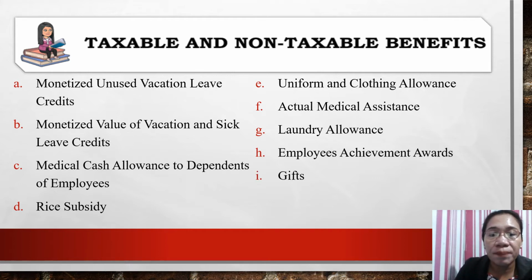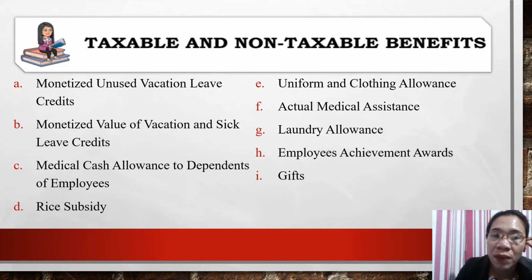So, ganun yun. Next is gifts. So, when we see gifts, an example of this is Christmas gifts or cash gifts. Matatanggap to ng mga empleyado tuwing Kapaskuhan, ganun. Some are major anniversary celebrations not exceeding 5,000 per employee per annum.